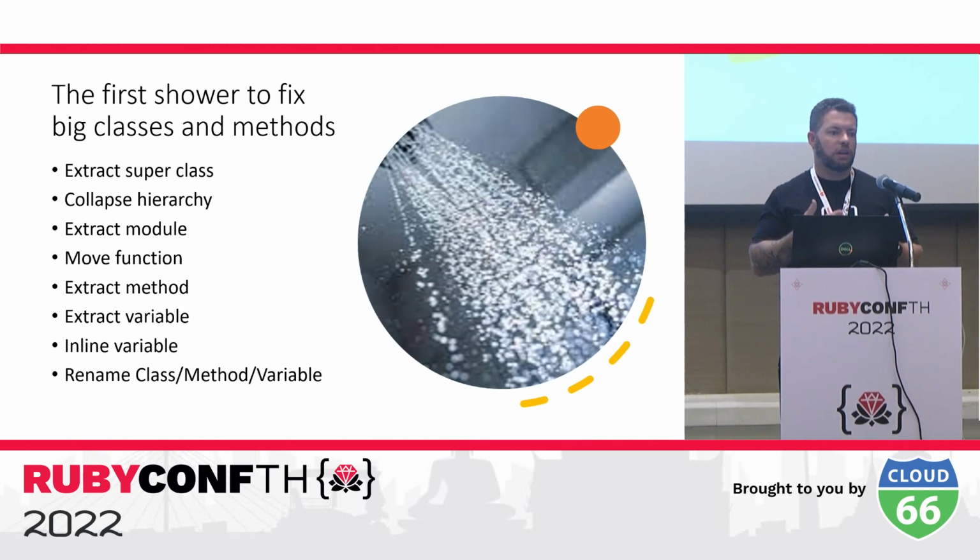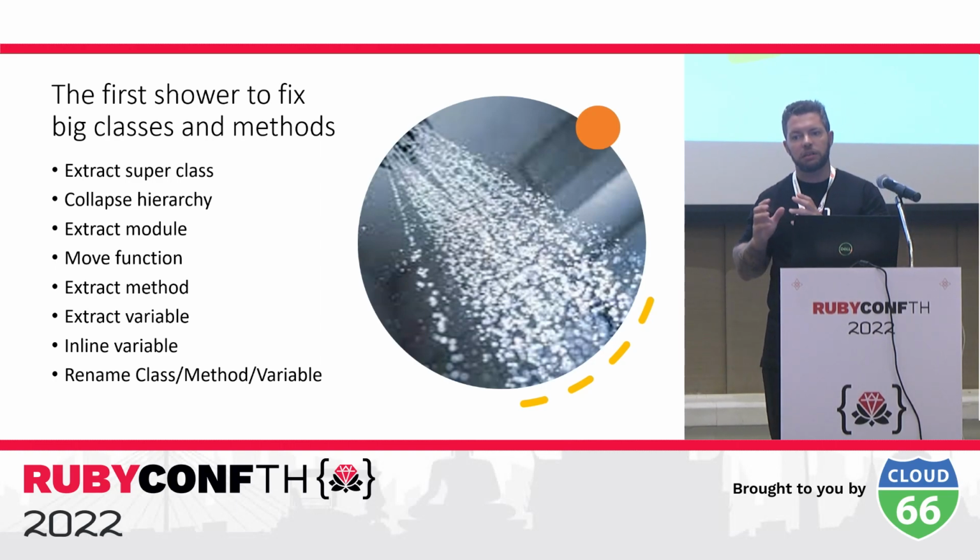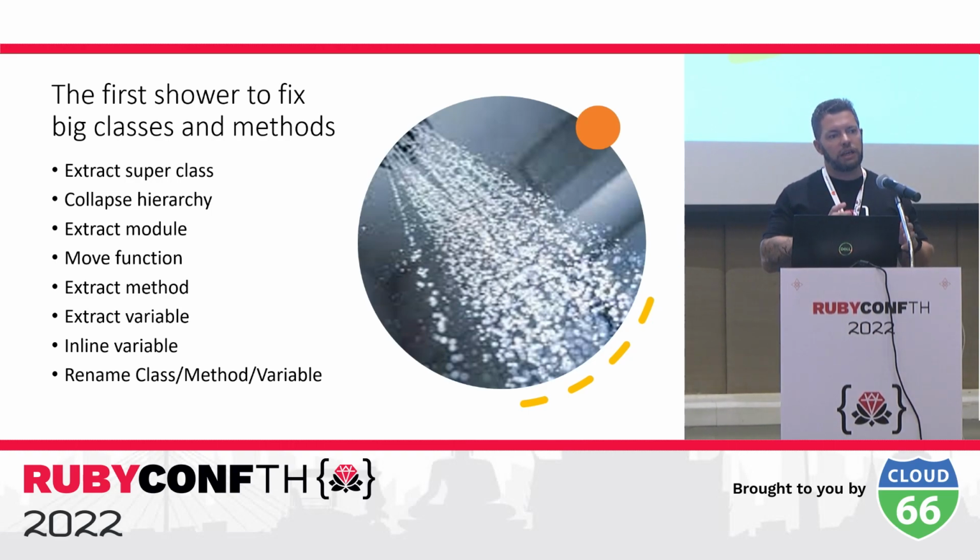Or if the hierarchy is not good, you can collapse the hierarchy and remove one or two classes from it. And then if the class is still doing more than you feel it should, you can combine a few of the functions in a module and include the module in the class. It will be easier to test. You can test the module separately and use the class. The code will be cleaner and easier to read.